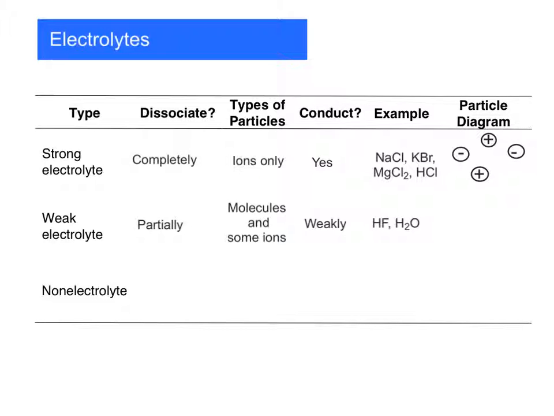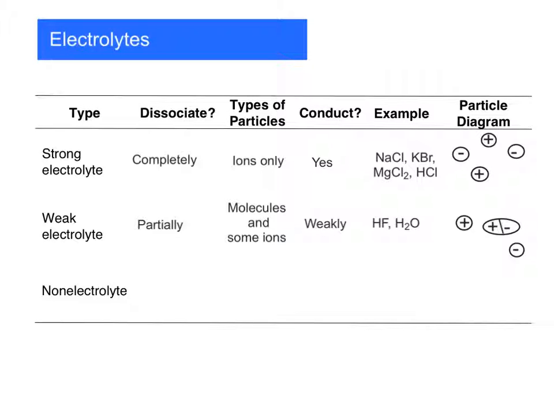Water is an example of a weak electrolyte. Ammonia, acetic acid, which is what's in vinegar, those are all weak electrolytes. And in this case, what you would get is some of them will separate into the positive and the negative ion, but then you also have some that stay together as one unit dissolved in your solvent, whatever it is.